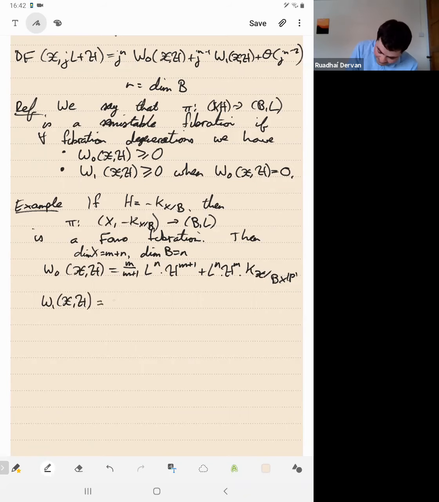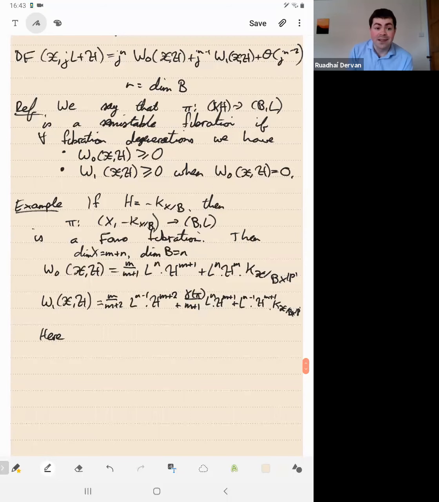W1 is given as m over m plus 2, L^{n-1} · H^{m+2} plus gamma of π, and I'll come back to what gamma is in a moment, divided by m plus 1, L^n · H^{m+1} plus L^{n-1} · H^{m+1}, and then a relative canonical class term. And really the geometry that I want to emphasize is this constant gamma of π.